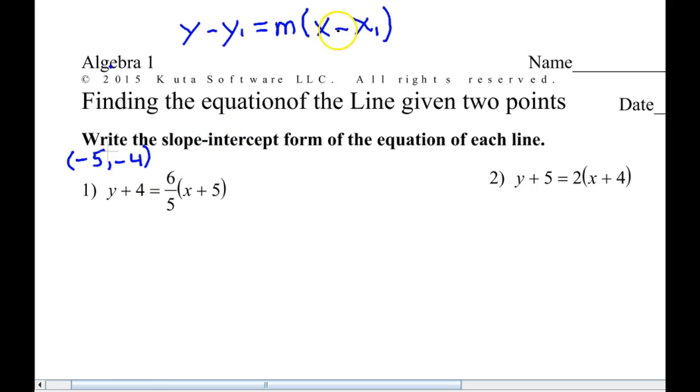Notice how, since the formula has a negative, the fact that this is positive means x is negative, and so on. And then you can solve this for slope-intercept form just by using the distributive property and doing a little bit of adding or subtracting on both sides. So 6/5 times x is just 6/5x. 6/5 times 5 is 6.